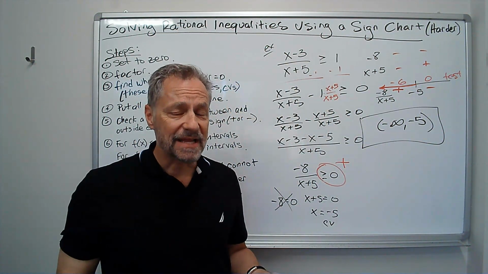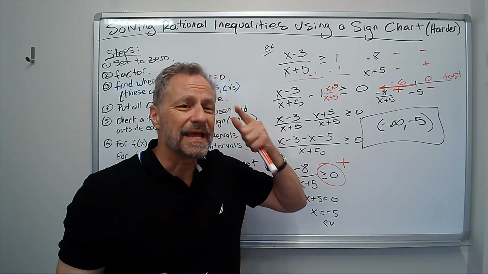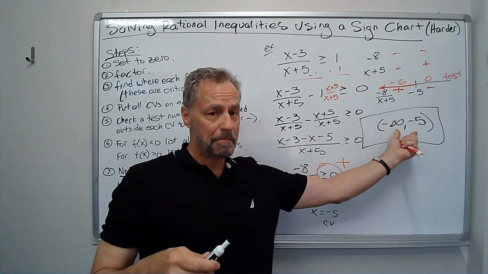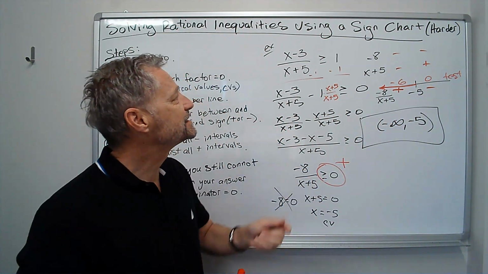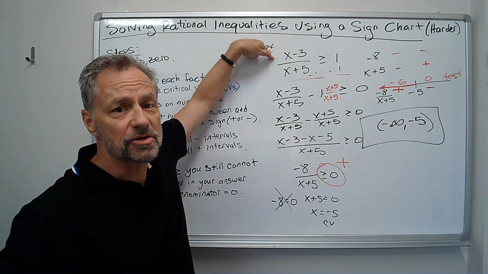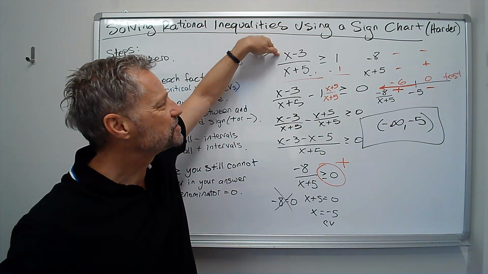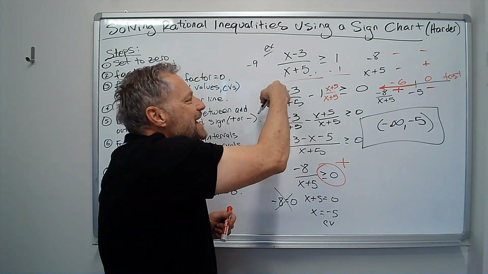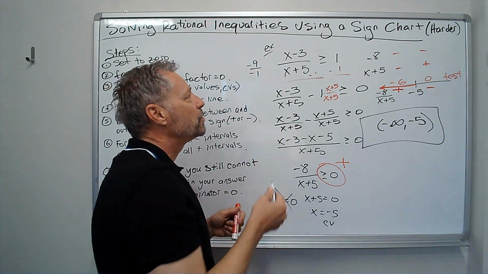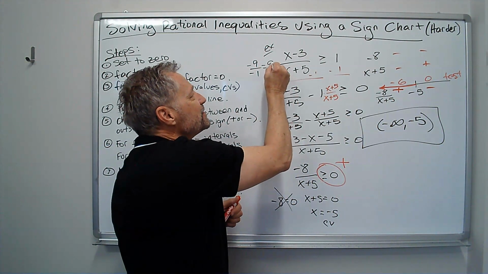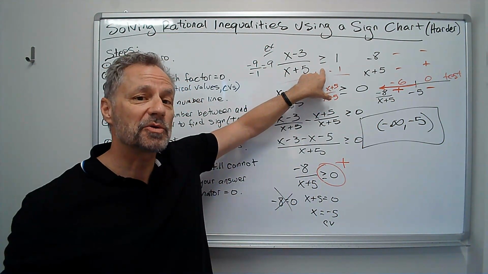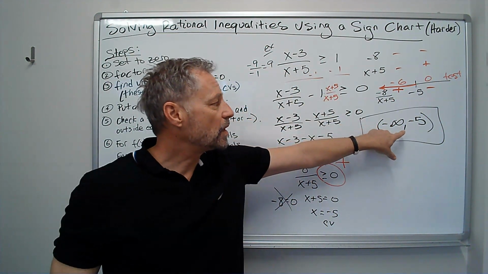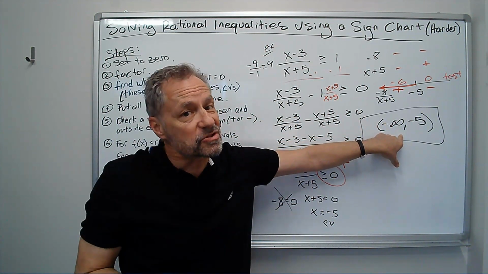So that's my answer. You may check by plugging in a number in here, maybe negative 6, into the original problem to see if it's true. Negative 6 minus 3 is negative 9. Negative 6 plus 5 is negative 1, so that's positive 9. Is that greater than or equal to 1? Yes, it is. So a number in there worked. That looks hopeful.